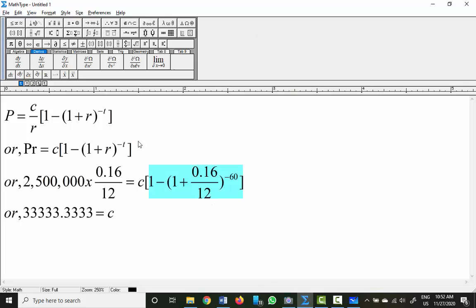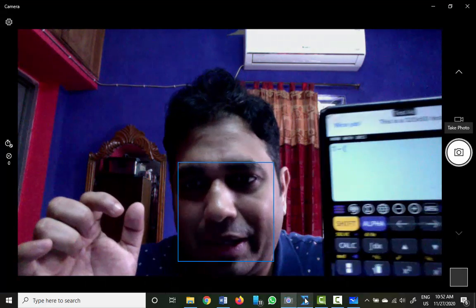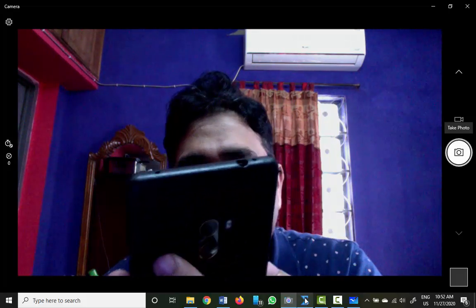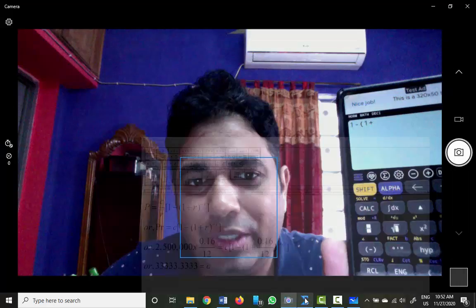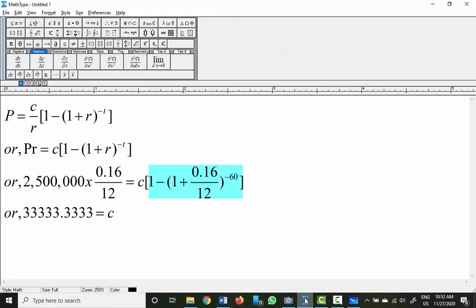Since we have a bracket there, we will put a bracket in the calculator as well. And then inside the bracket we have 1 plus, and then we will get a fraction 0.16 divided by 12, bracket close, power minus 60.